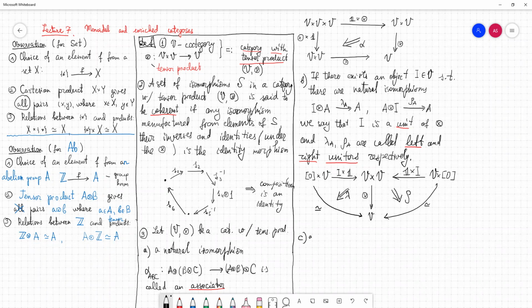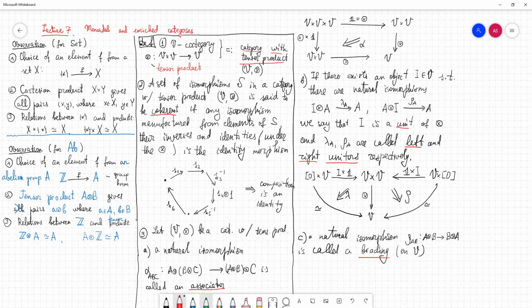So a natural isomorphism, let's call it beta AB, from A tensor B to B tensor A is called a braiding on V. So the keyword here is braiding.